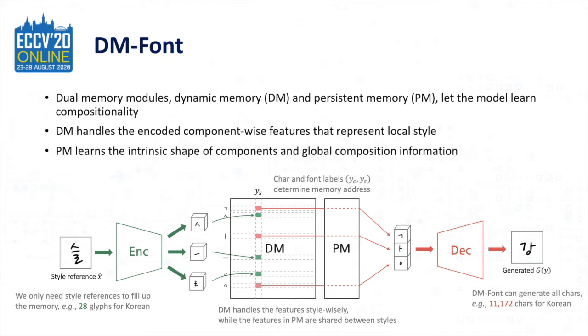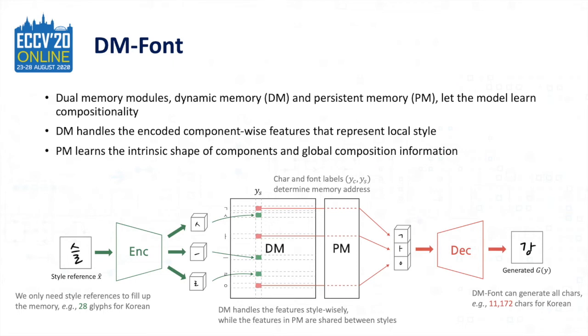So it is shared between styles, and it is learned during training and fixed at inference time. In the decoding stage, the features corresponding to the target components are retrieved from both memories and fed to the decoder.